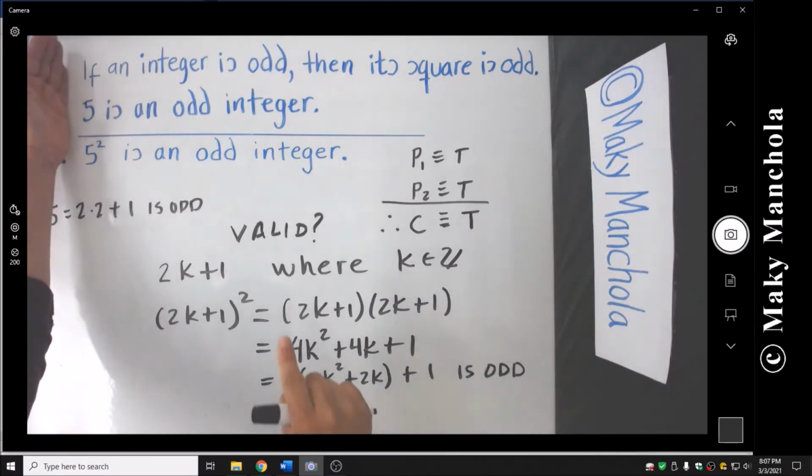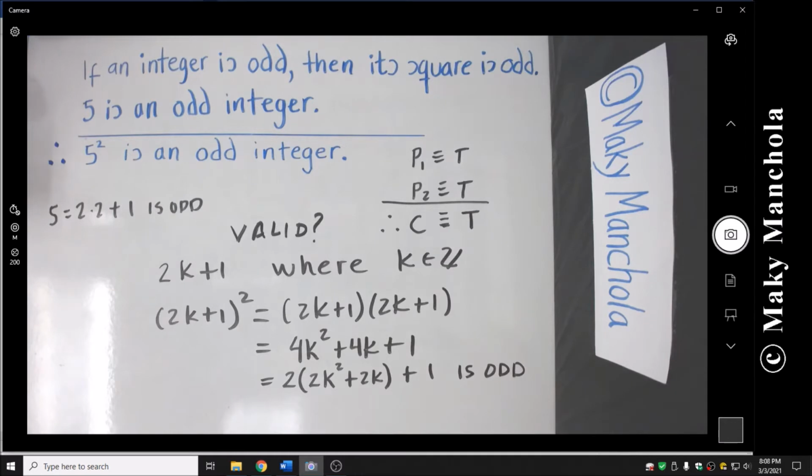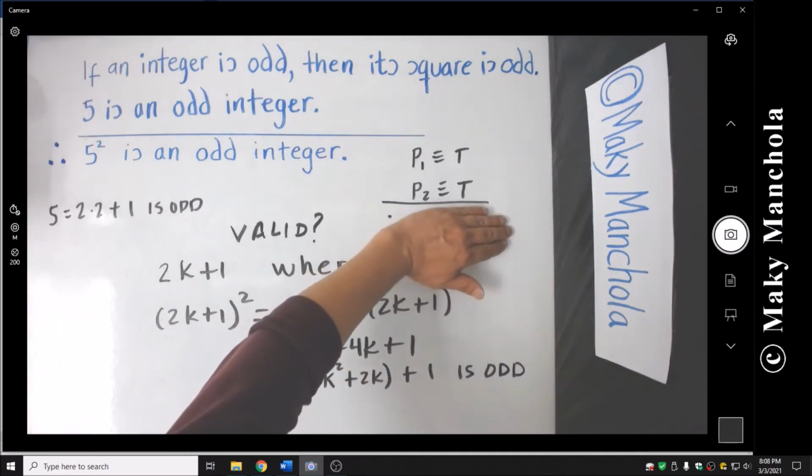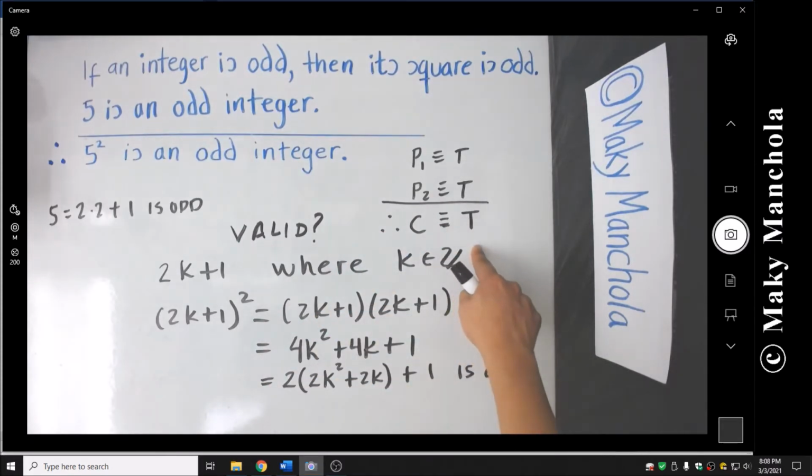Is our given argument valid? Answer is yes. Why is that? Because all premises being true led to the conclusion being true as well.